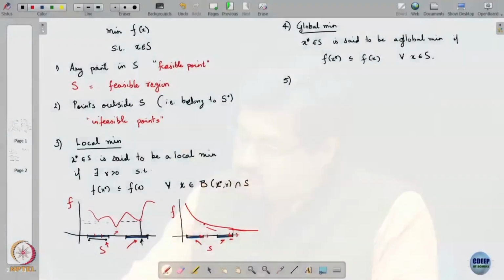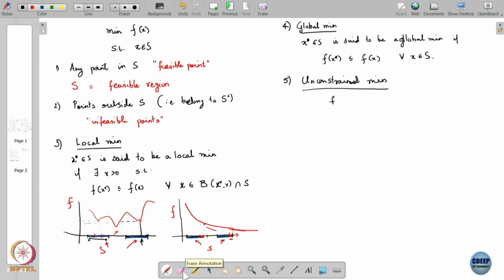So, an unconstrained minimum is simply some x star in Rn, such that it minimizes the function over all of Rn. This is a completely separate concept.